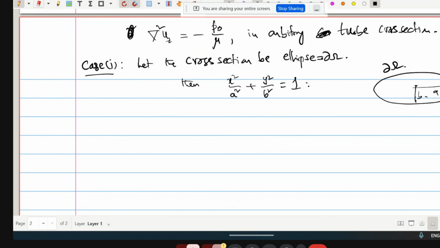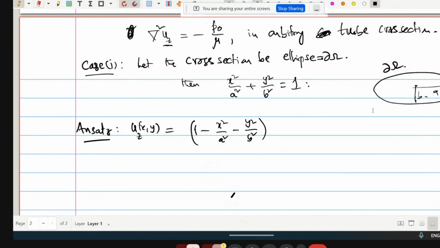Now, what is the solution for this? I am looking for my solution u_z of (x,y). Just look for a solution like this: u_z is 1 minus x square by a square minus y square by b square.